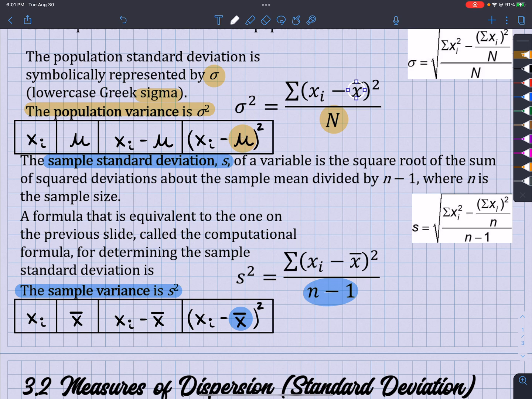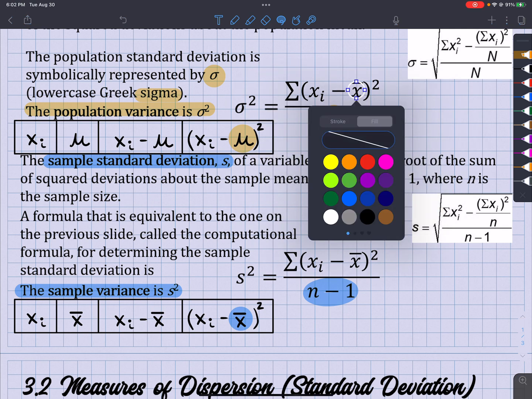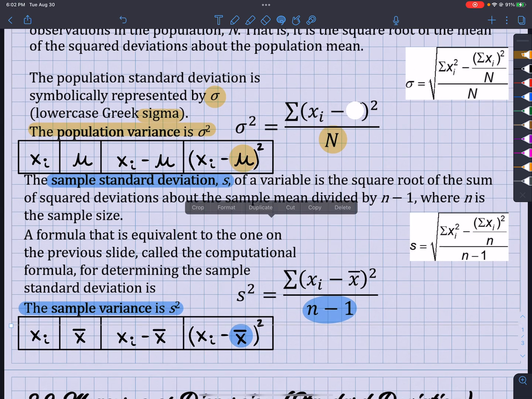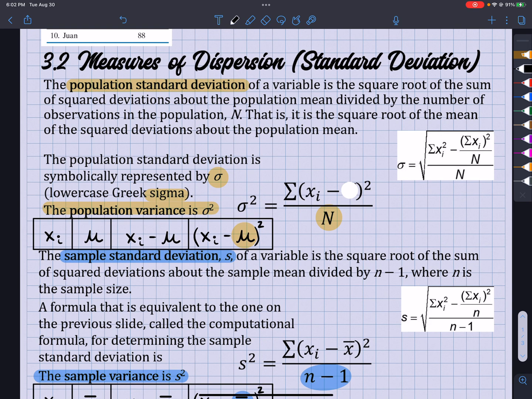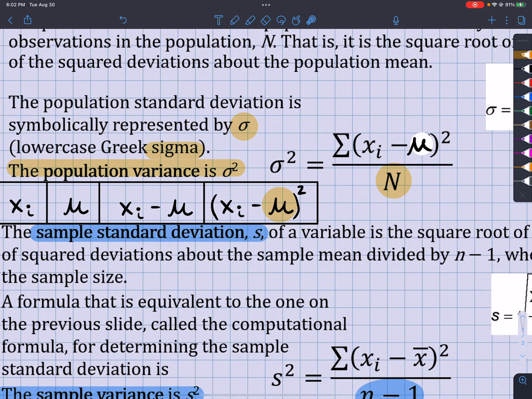So let me put a big circle here and fill it with white. That should be a mu. I am trying to get this part into a table.